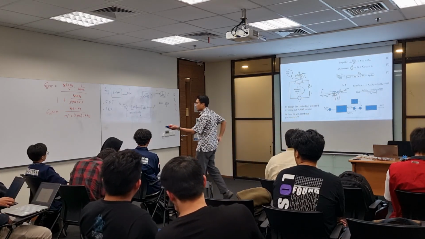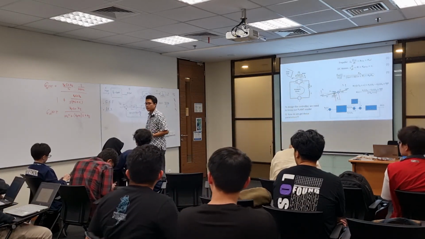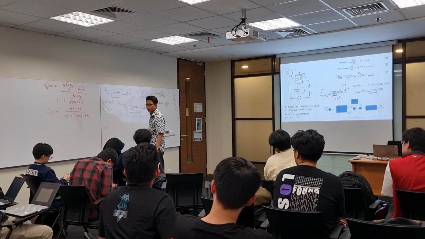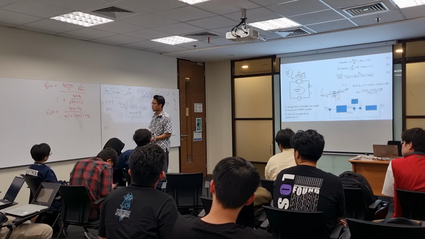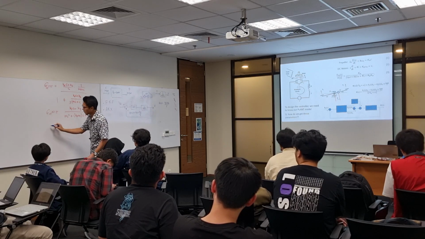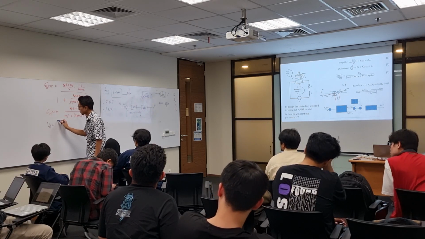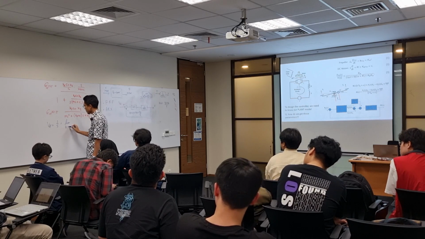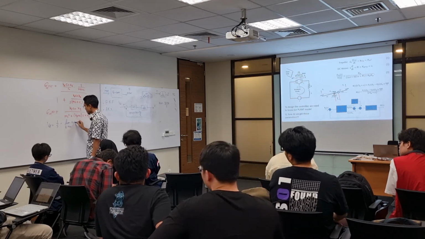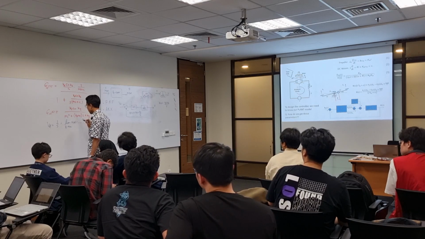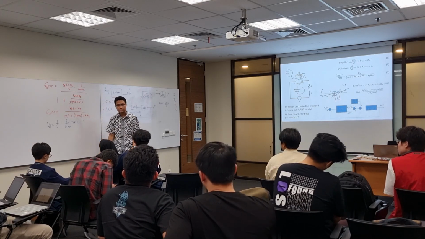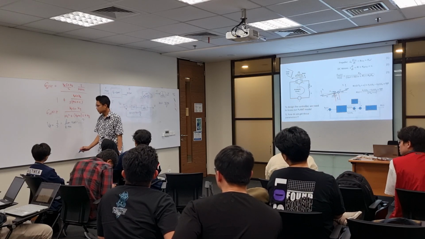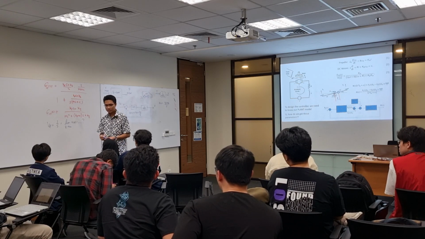So if that's the closed loop transfer function, what will be the final value of the velocity if, let's say, the Vd is 1 over s? What's the final value? 1.